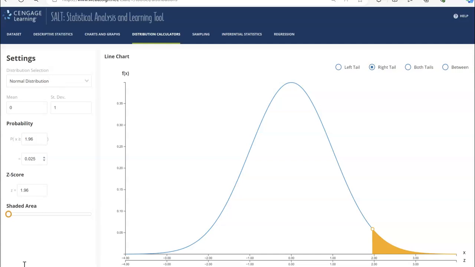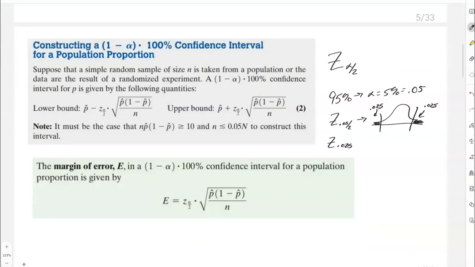So if I type that in here, hit enter, it's going to tell me what that z-score is, which is going to be 1.96. So if this side is 1.96, then this side over here would be negative 1.96 because of the symmetry that's associated with that normal distribution.